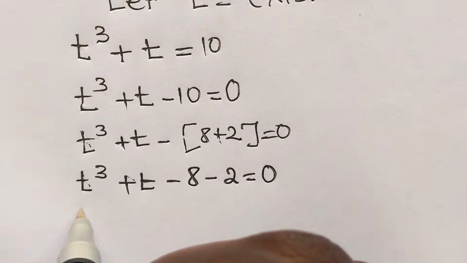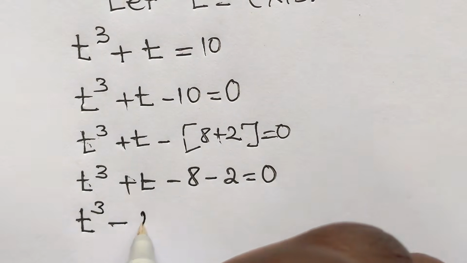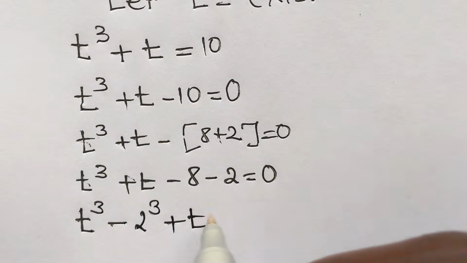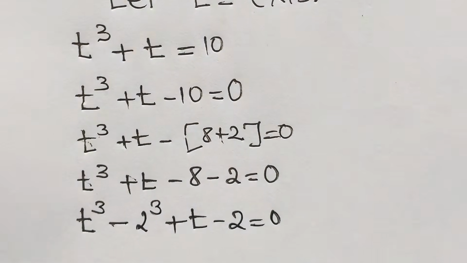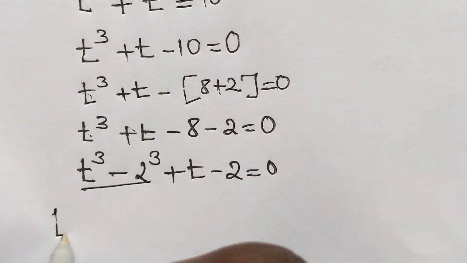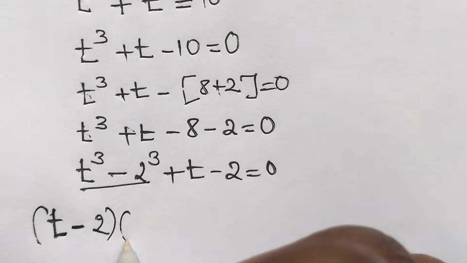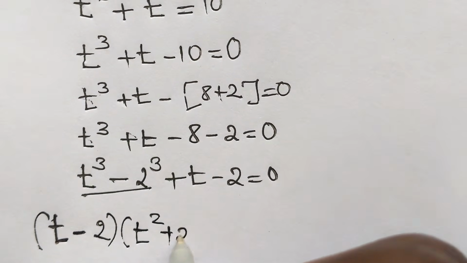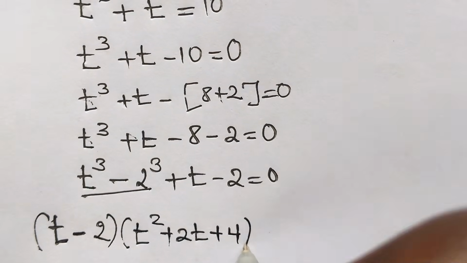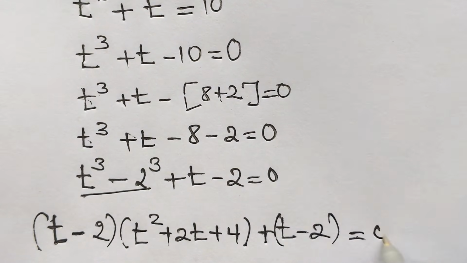Then by grouping terms, we shall write t power 3 minus 8, which is equal to 2 power 3, plus t minus 2 equals to 0. And of course this one we shall write as t minus 2 times t squared plus 2t plus 4, then plus t minus 2 equals to 0.